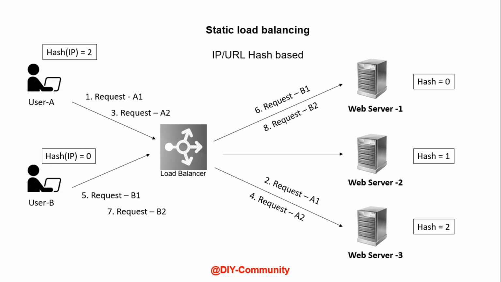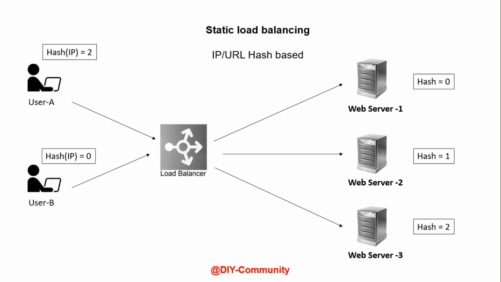And when it receives a request from this particular user and its IP address is getting resolved to hash key 0, the load balancer will automatically forward all requests from this user to the server which is configured to process hash key 0. Now let's see an animation to understand the hash based algorithm.